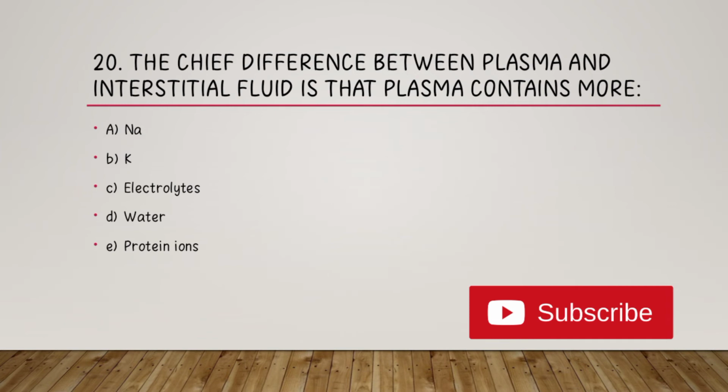The right answer here is protein ions. So the plasma fluid will have more protein ions than the interstitial fluid. I believe the plasma has about 108, while the interstitial fluid has about 106.